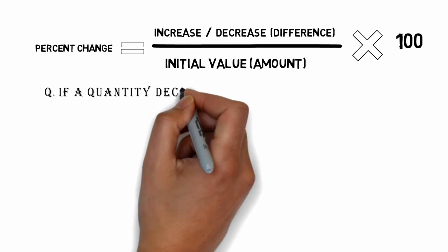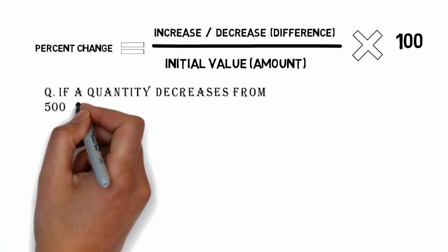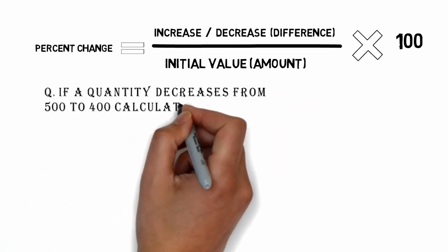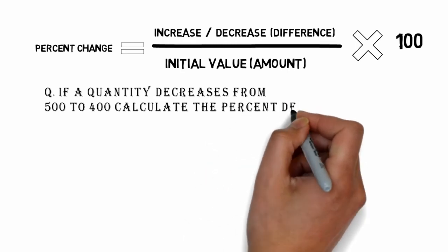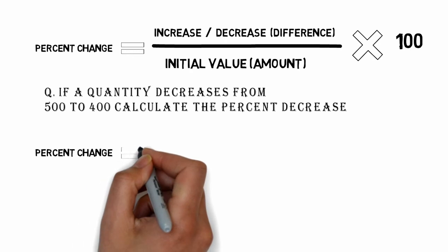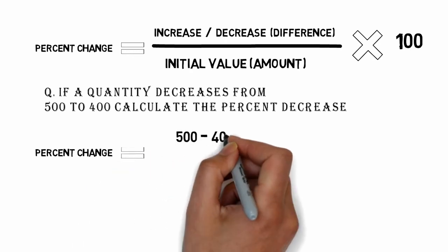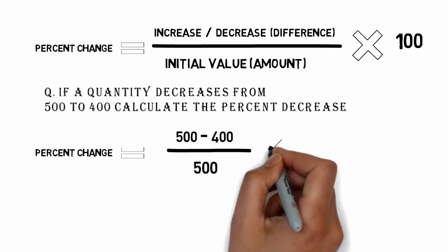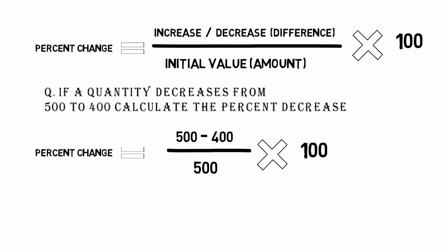If a quantity decreases from 500 to 400, calculate the percent change or percent decrease. We have the initial amount as 500 and the final amount as 400, so the difference is 500 minus 400, which is 100.